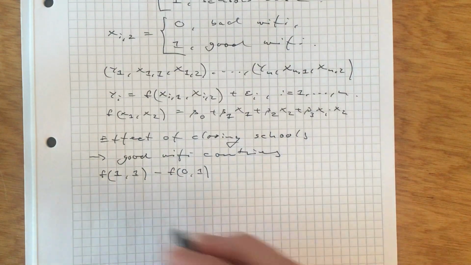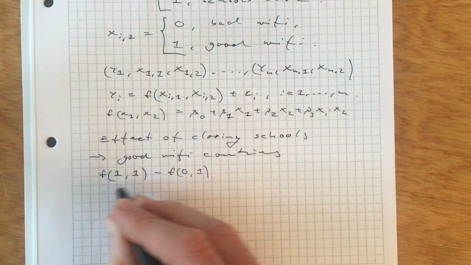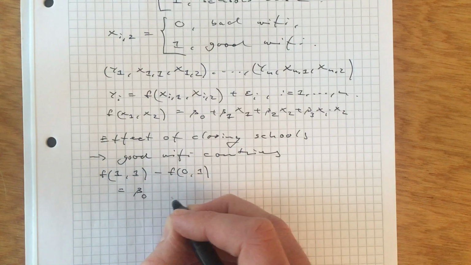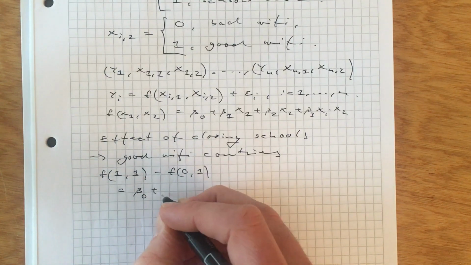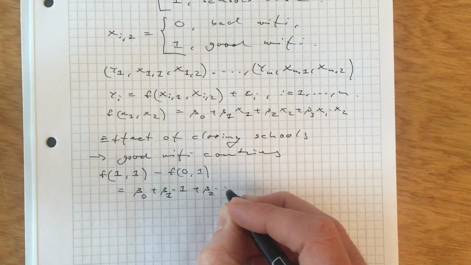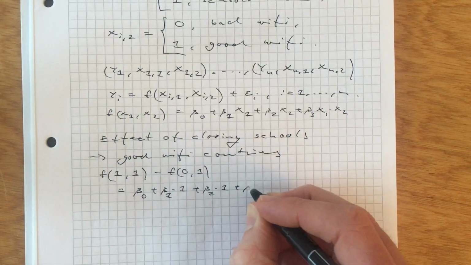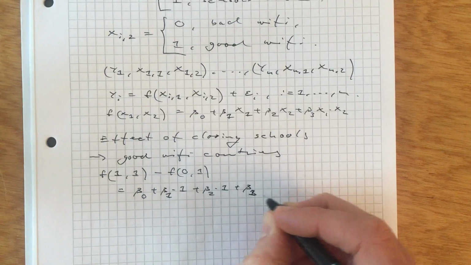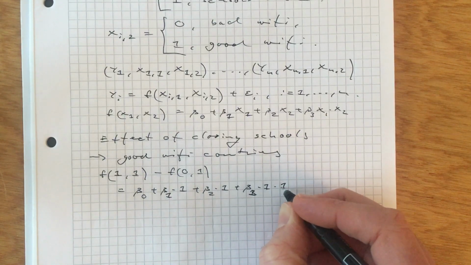Okay, so if we write out what this is, first this is beta 0 plus beta 1 times 1 plus beta 2 times 1 plus beta 3 times 1 times 1.